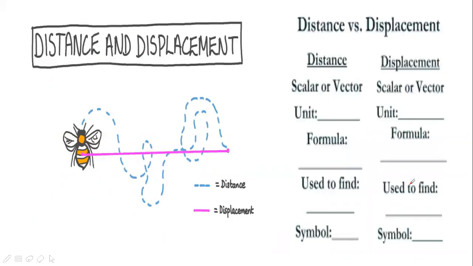Distance and displacement traveled by a body in random motion. This bluish line represents the distance traveled.